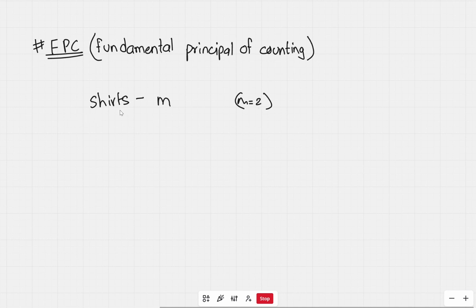Then another independent task can be done in n ways, for example, pants. Selecting pants is independent of shirts. There's no condition that if I have a black shirt, then I cannot use a black pant. I can wear a black shirt and a black pant. So there are n ways of selecting pants, where n is equal to 3 because we have 3 options, and for shirts there are 2 options. Then both tasks together can be done in m into n ways.